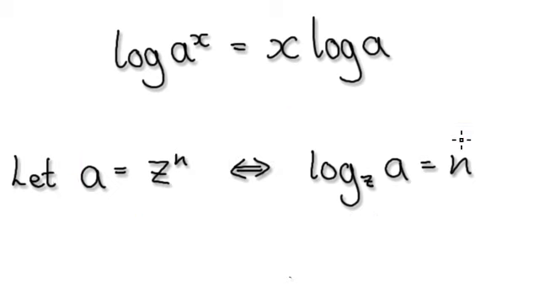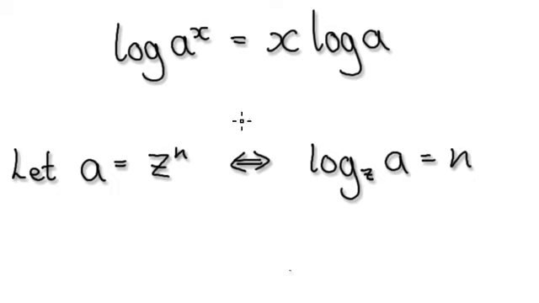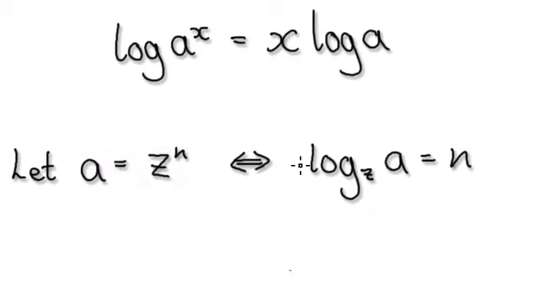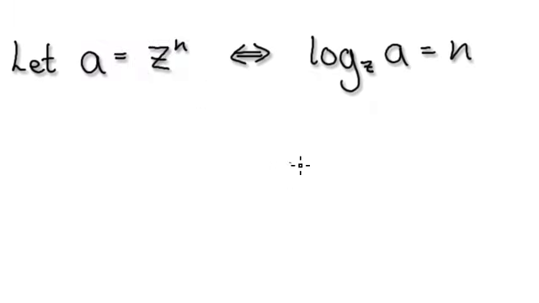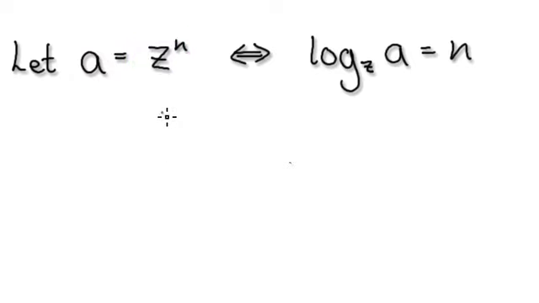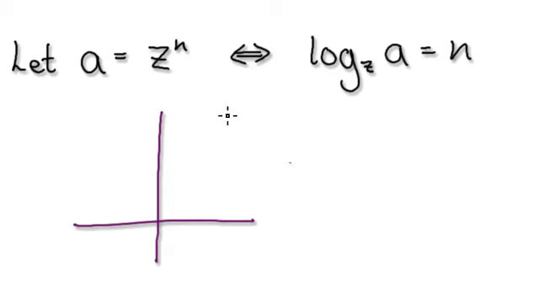The other thing that I need you to understand is that when given any number, you can always translate it to something to the power of another thing. Look at y equals 2 to the power of x.